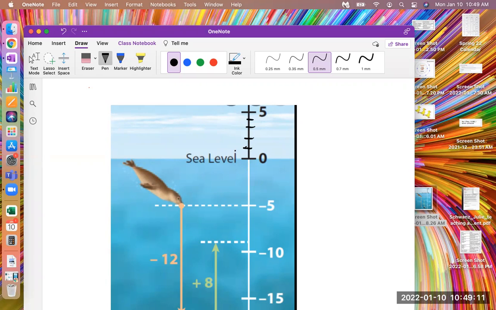Something also really important to recognize is that if I move down 5 spaces, so I'm at a -5, and then if I go 5 spaces back up, adding a +5, then I'm going to get 0, because every negative and every positive cancels itself because they're opposites.